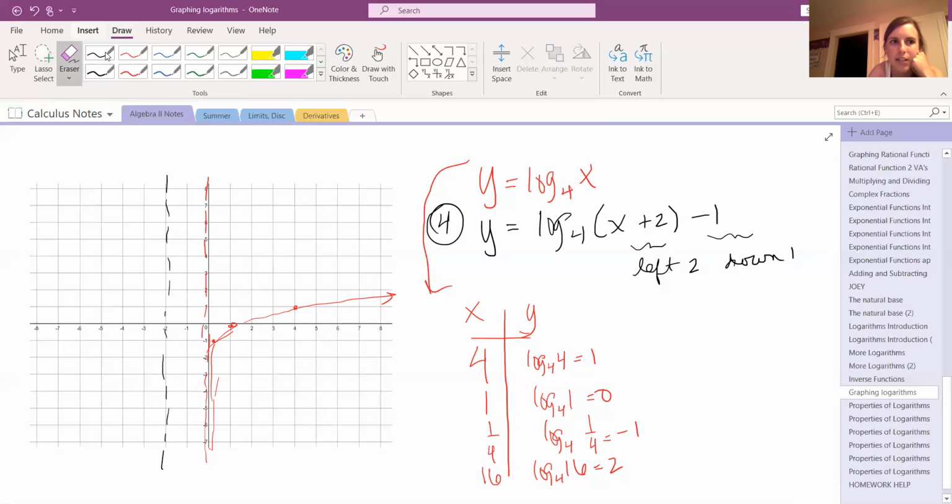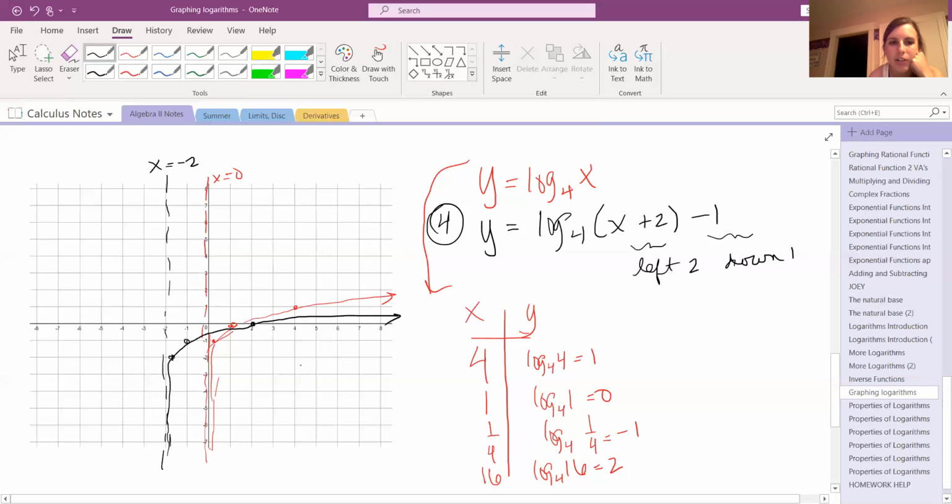So now I'm at x equals -2 instead of x equals 0. Okay, left 2, down 1. Left 2, down 1. And left 2, down 1. And there you go. So you always have this really sharp increase immediately, almost leveling off to the right.